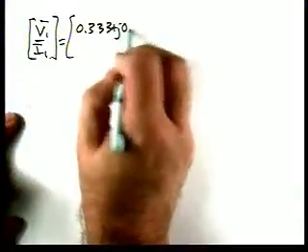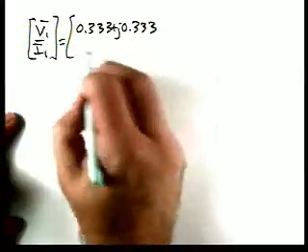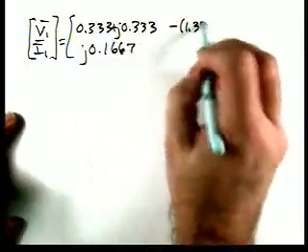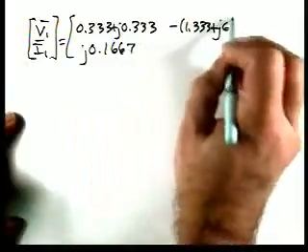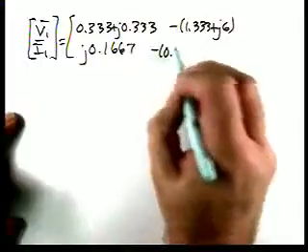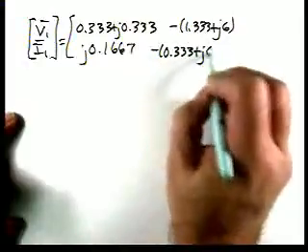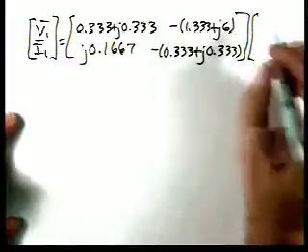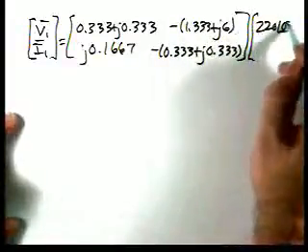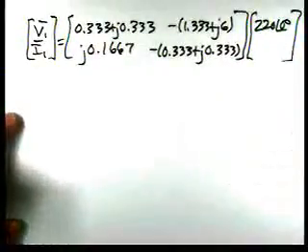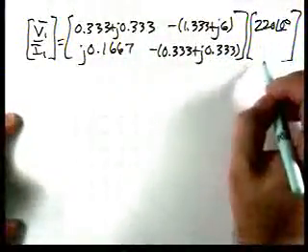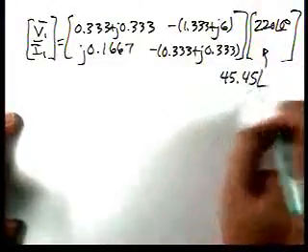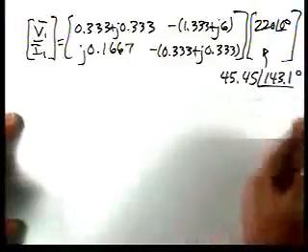We take the transmission parameters, and then we multiply by V2, which is 220 at an angle of 0, and I2, which is 45.45 at an angle of 143.1.